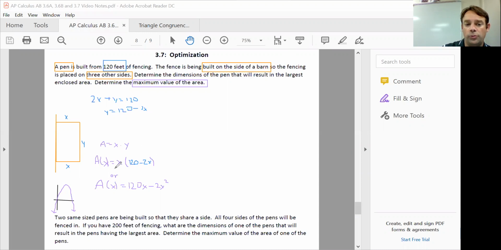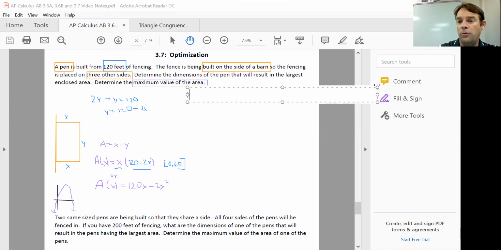If I set my 2 factors equal to 0, I find out that the domain I'm on is between 0, because x equals 0, and when I set 120 minus 2x equal to 0, x is equal to 60. So I'm somewhere between 0 and 60. So I'm trying to find the maximum value on a closed domain. Is that an absolute extrema or is that a relative extrema? It'd be absolute, right? So we're solving essentially an absolute extrema problem.